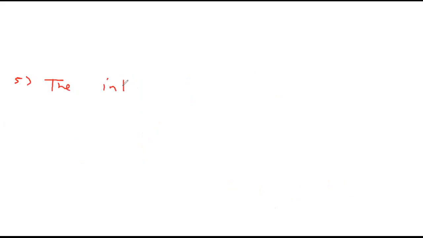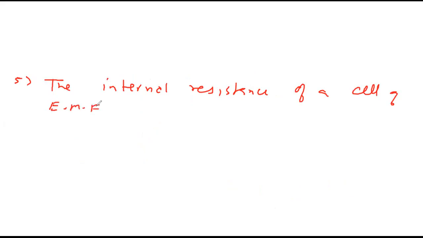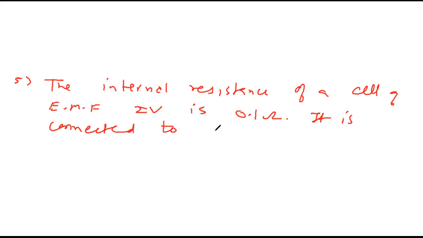The internal resistance of a cell of EMF 2 volt is 0.1 ohm. It is connected to a resistance of 0.9 ohm.